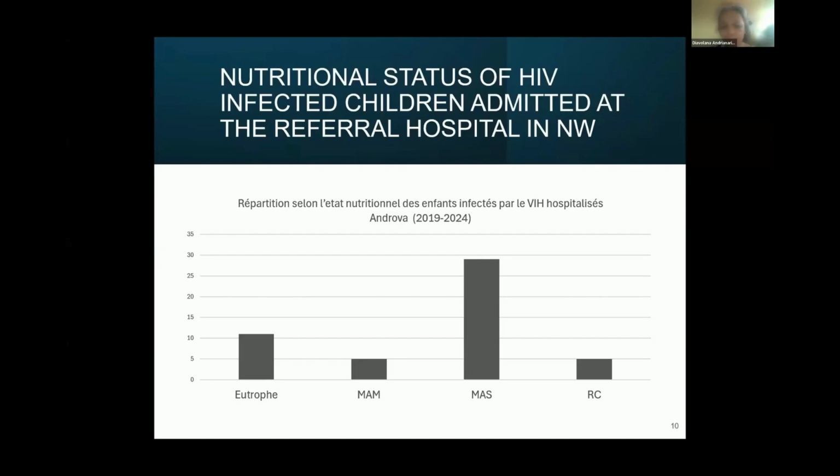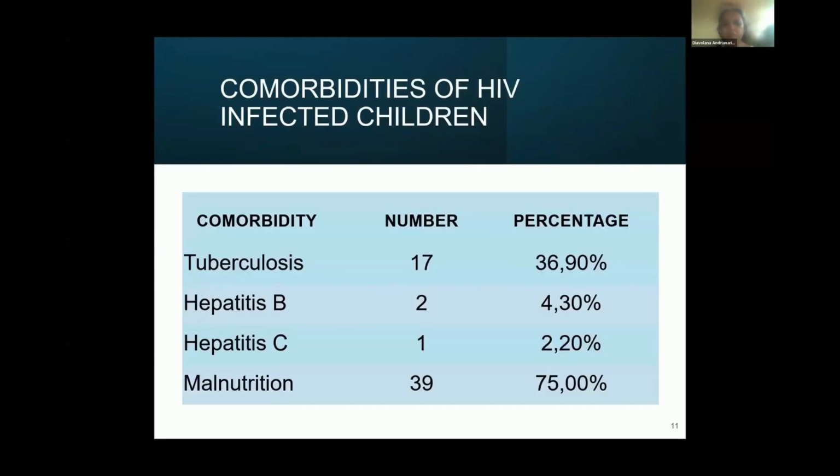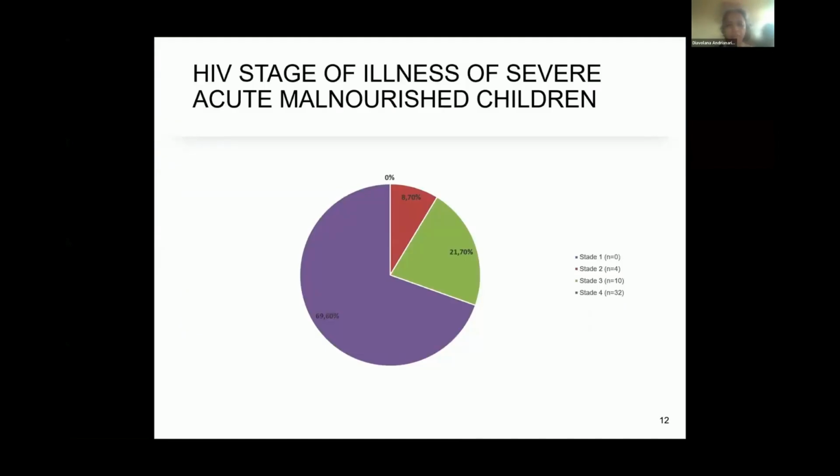And that is why the situation is upside down. Normally we should diagnose these children through the mothers, but the children are admitted, and the tuberculosis program makes it mandatory to test for HIV in tuberculosis and in malnutrition. That's why these children were diagnosed. Most of the children, almost 70% of them, when they arrive in the hospital, are already at stage 4 of HIV.